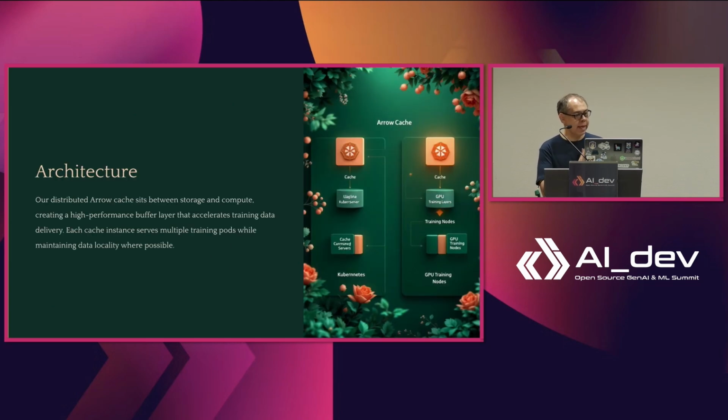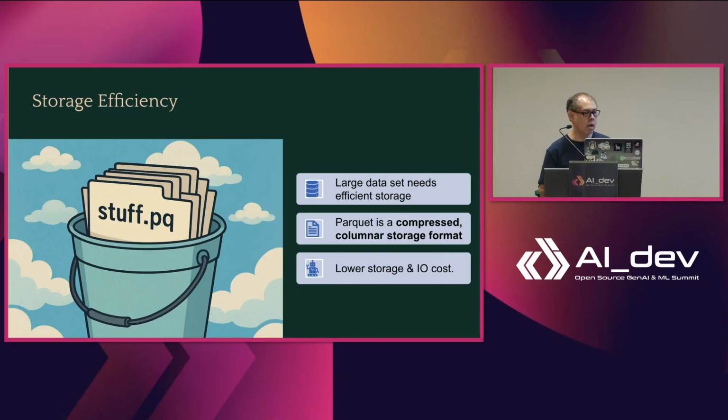So this cache sits in between storage and compute and creates that layer that accelerates training data, and it also improves the training speed for that reason. We do have some mechanisms that are part of how we pick up data for this cache.